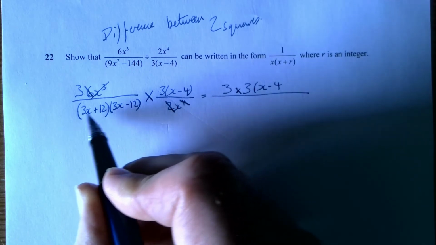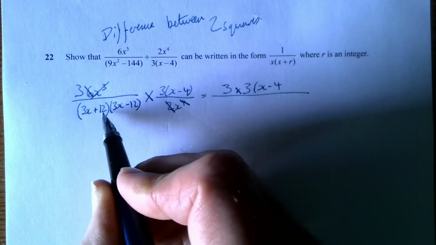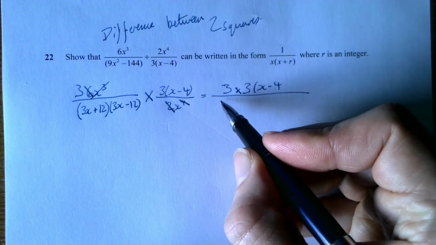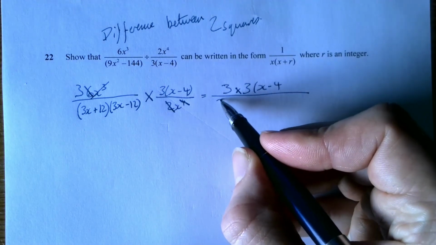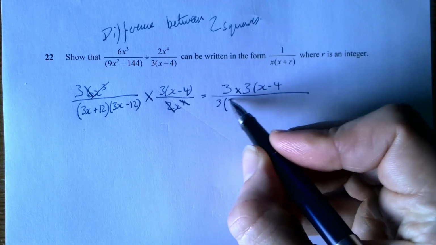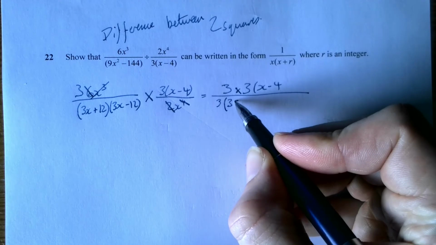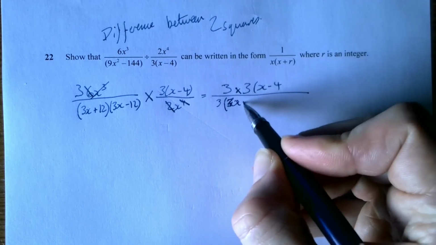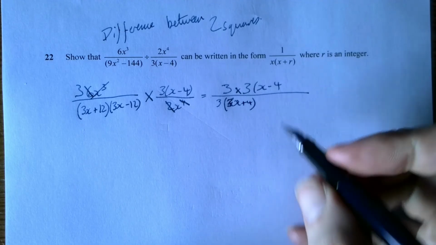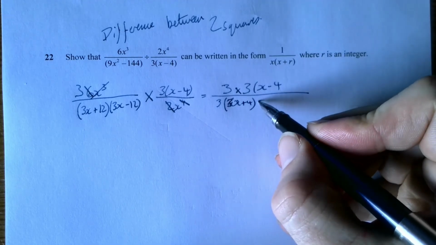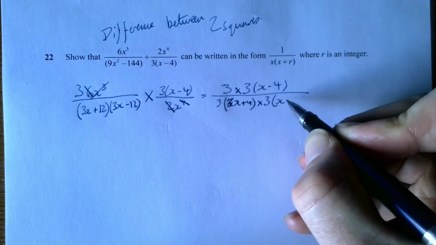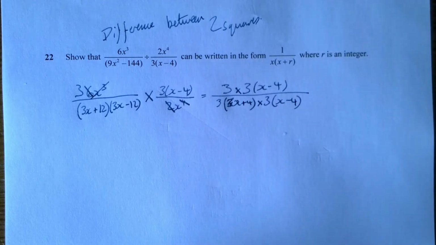And then this bracket here could be factorised as, you could take a factor of 3 out of it and have x plus 4 inside, and we're timesing that all by 3 and x take 4.